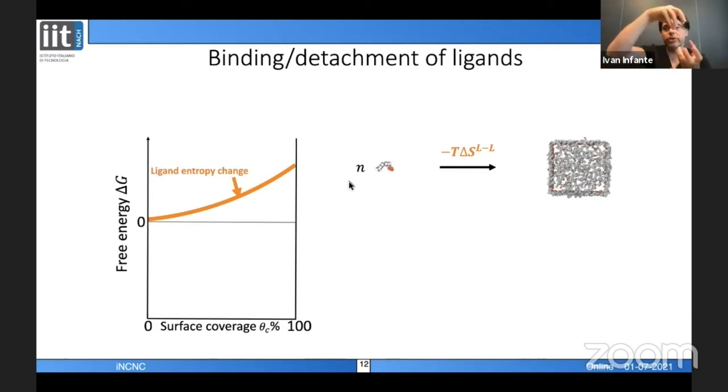When you put it on the surface, it loses some degrees of freedom, and this happens always. So we can expect that you immediately have a term that is unfavorable to move it on the surface, so it's always positive. When you increase surface coverage, you keep blocking the degrees of freedom of ligands to move, so it becomes always a positive term.